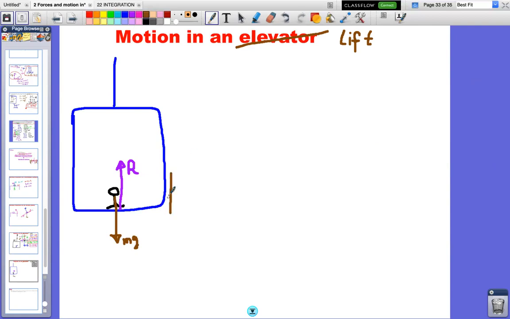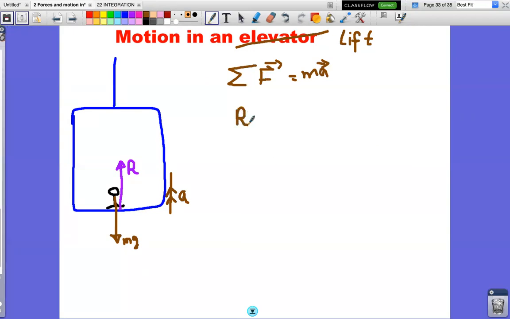It is essentially going to be the same thing. Let's say the lift is accelerating upwards. We still use Newton's second law, summation F equal ma. So in this case, we are going to have R minus mg for upward should be ma for upward.